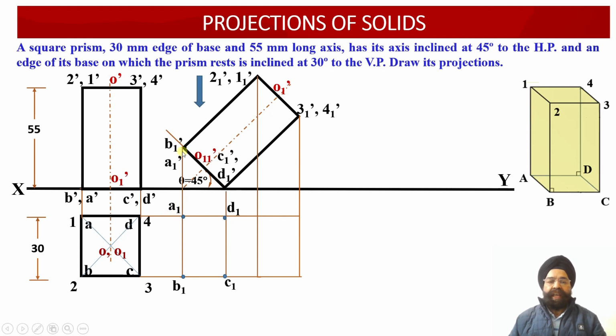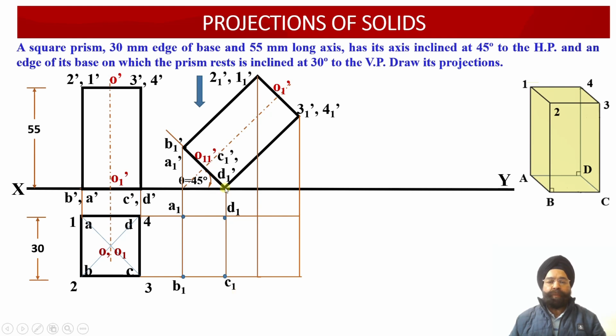Similarly, the vertical projector through the point B1 dash and the horizontal projector through the point B, wherever these two projectors intersect, we obtain the point B1 in the plan projection view. Similarly, we have a vertical projector through point C1 dash, and wherever it intersects with the horizontal projector drawn through the point C, we obtain the point C1 over here.